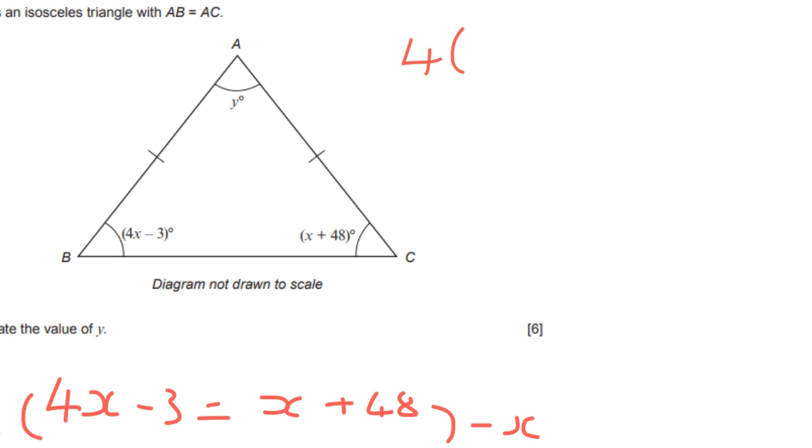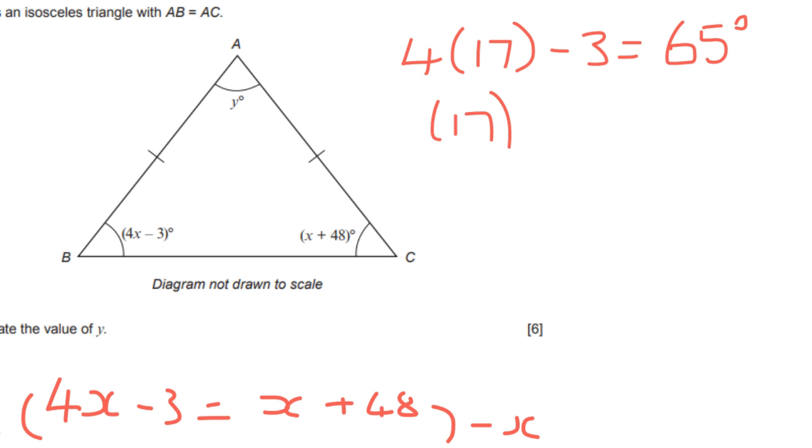I've got 4 lots of 17. Take away 3. And that is 65 degrees. I've then got 17 plus 48, which should equal 65. So I know that these two angles are both 65 degrees.